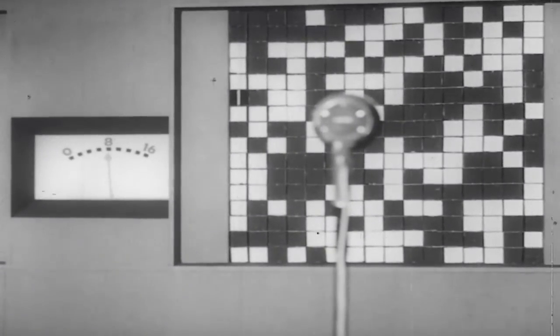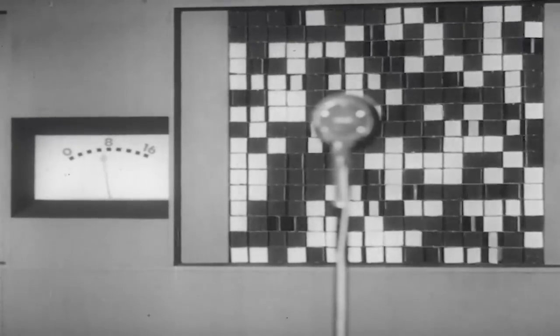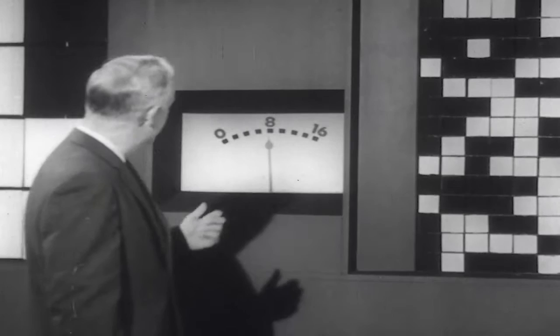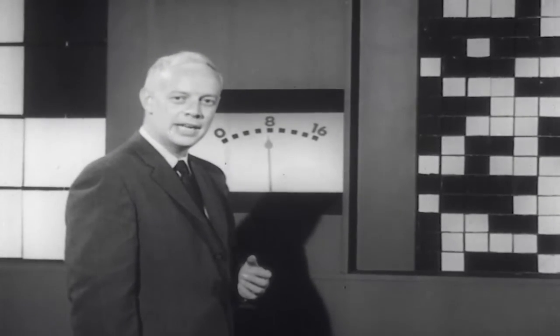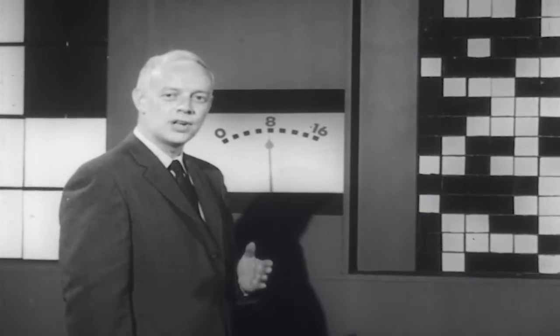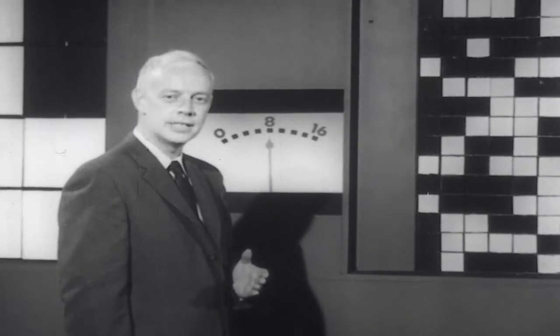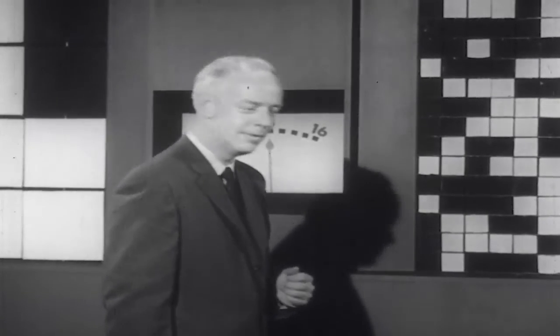Eight again. The fluctuations are very much smaller here. This reading is predictable. That's why we said in the beginning that the overall effect of a large number of random events is very predictable.